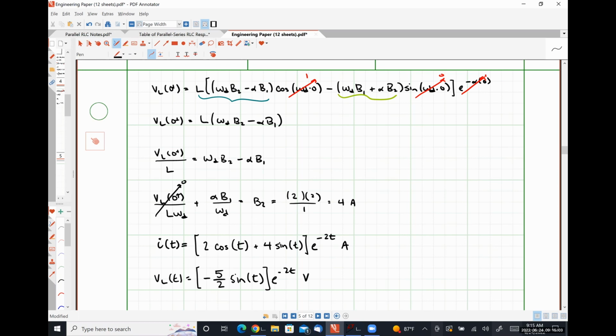What I have planned for Monday's class meeting is literally just working another example problem or two, trying to reinforce this stuff. So very specifically, I'm going to work a problem which has a critically damped response, because we haven't yet had an example of that.